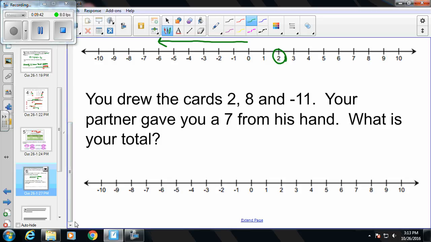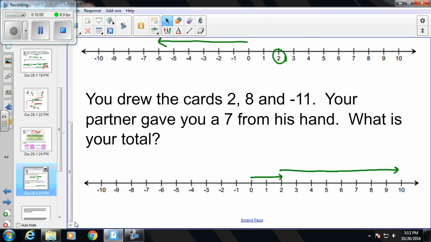You drew the cards 2, 8, and -11. Your partner gave you a 7 from his hand. What is your total? So start at 0. I'm going over 2. I'm adding on 8.